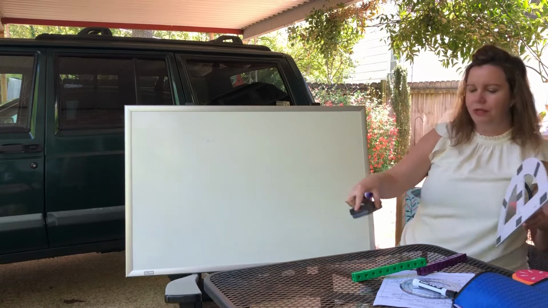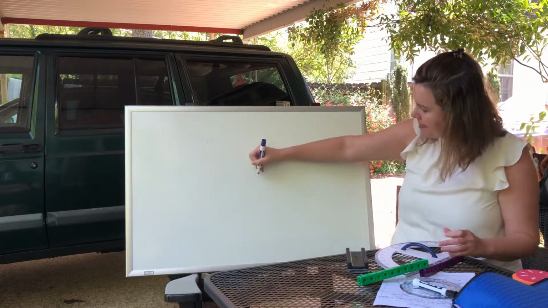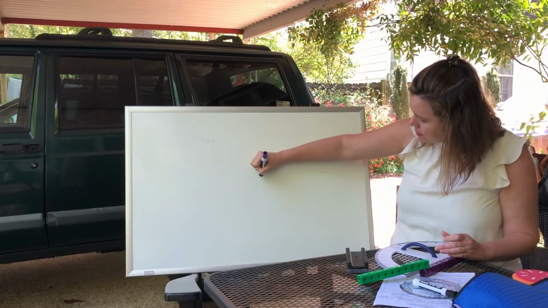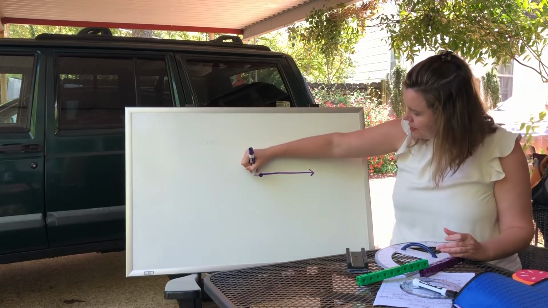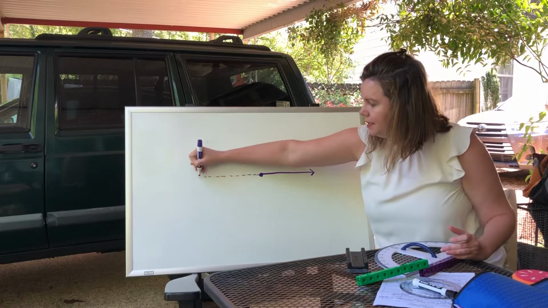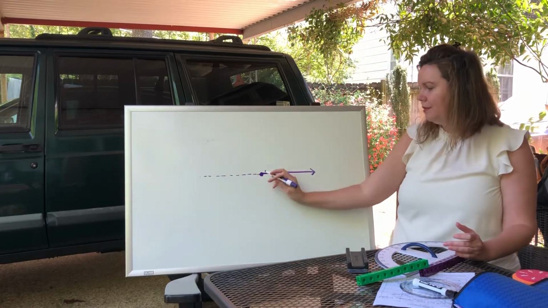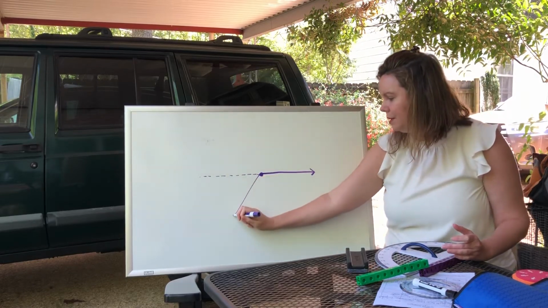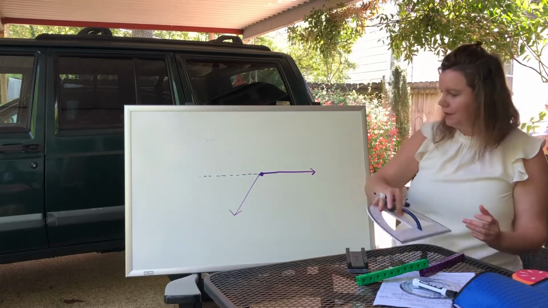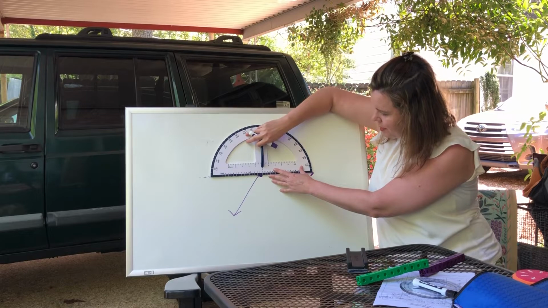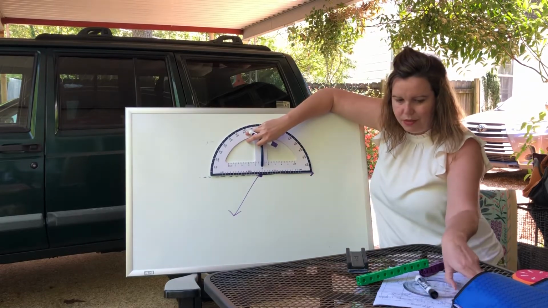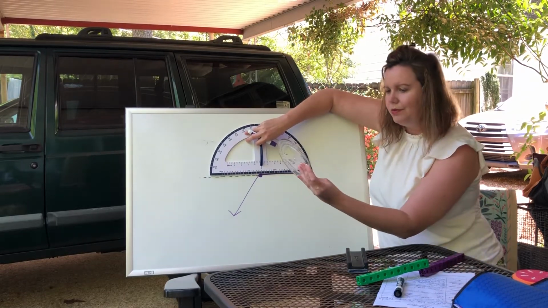Then what if we have one like this? I'm just going to draw a make-believe line so you know that this is our flat angle, and I'm going to come down below. I could actually use this one for this.